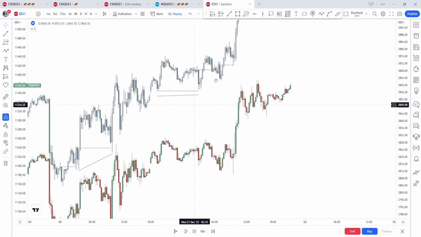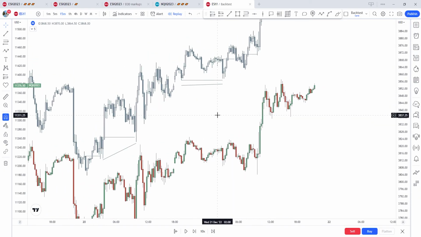So the thing with SMT, it's very powerful. You have to understand when to use it. This is probably the most powerful way of confirming a PD array, any PD array, and you have to use it in context.